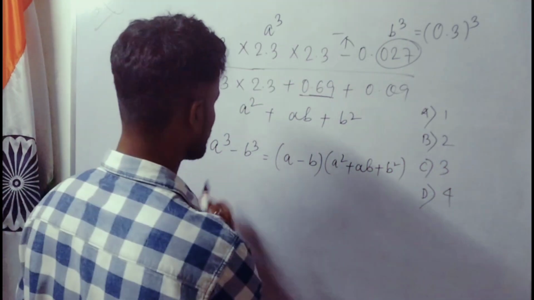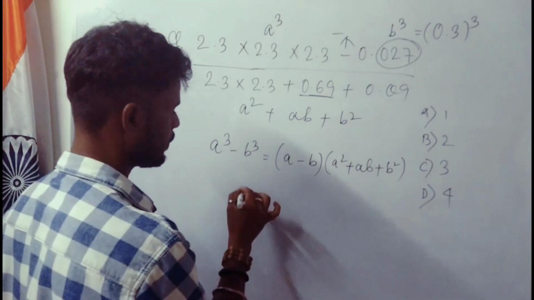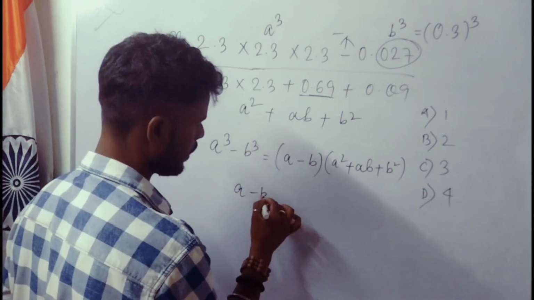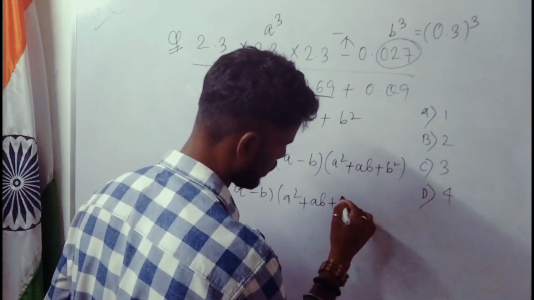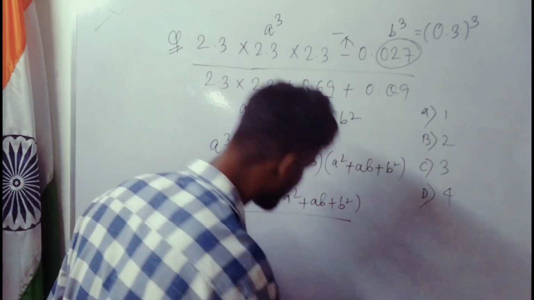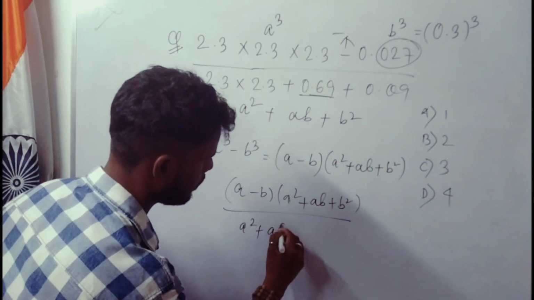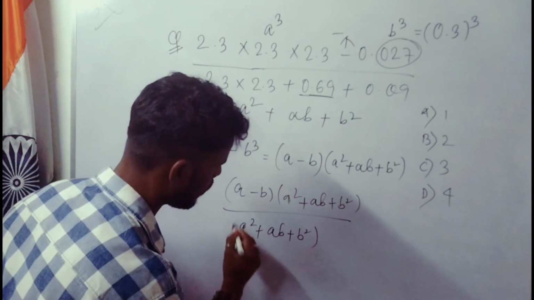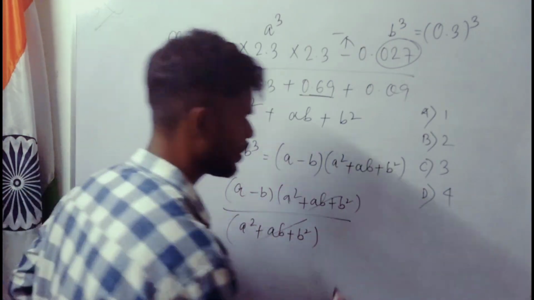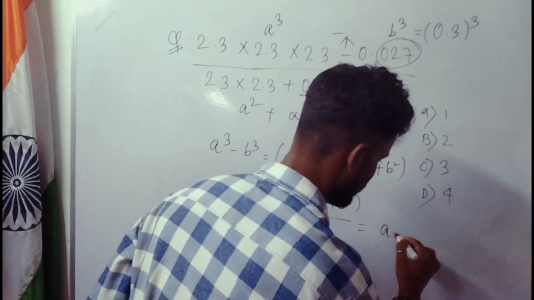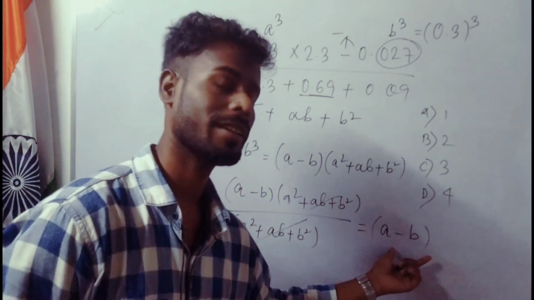If you put the formula in this way, a minus b, a square plus ab plus b square, divided by a square plus ab plus b square, what will we get? It's simple: eliminate, and the final remaining part is a minus b.